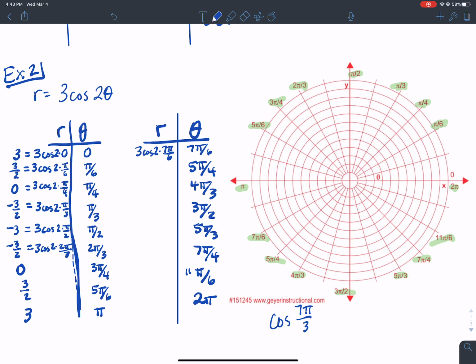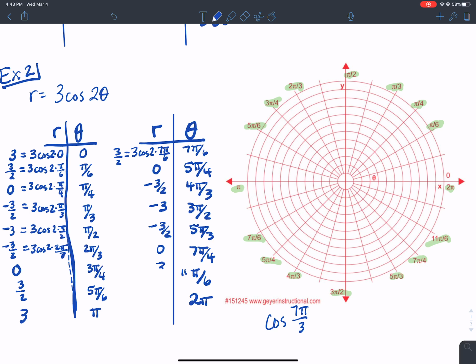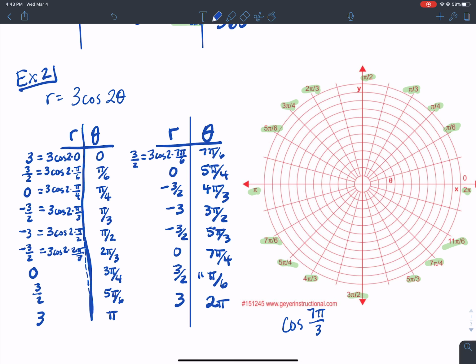Cosine of that is 1/2, times 3 is 3/2. So our pattern that we began in the other table is going to continue. I'm going from 3 to 3/2. So this is going to be 0 to -3/2 to -3, back to -3/2, back to 0 to 3/2, back to 3. Okay, the pattern is just going to repeat.